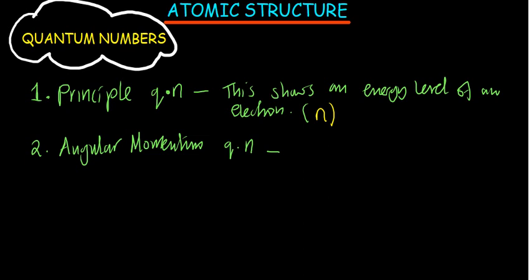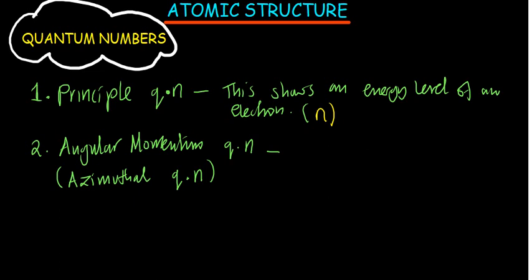Some books are going to write the other name as azimuthal quantum number. So that is the angular momentum quantum number.